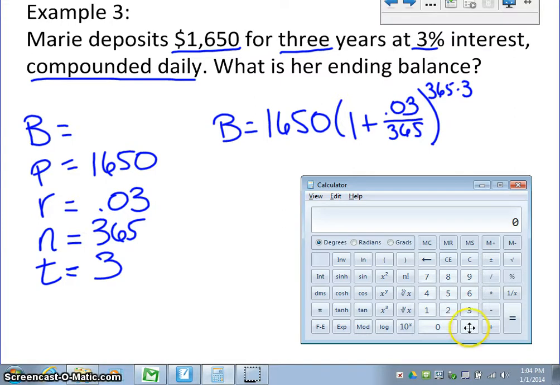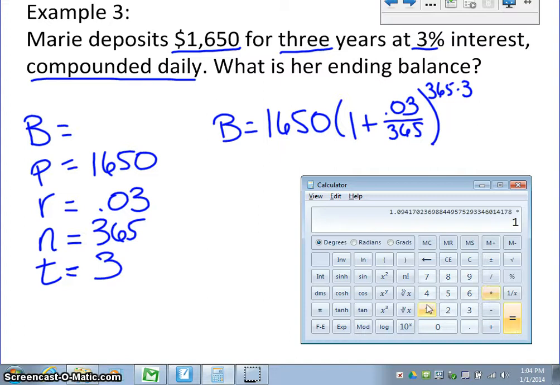So we're going to start off again, 0.03 divided by 365 plus 1, and we get that value. And then it's to the open parenthesis, 365 times 3, close parenthesis, enter. And you'll notice on there, it put it to the power of 1,095.